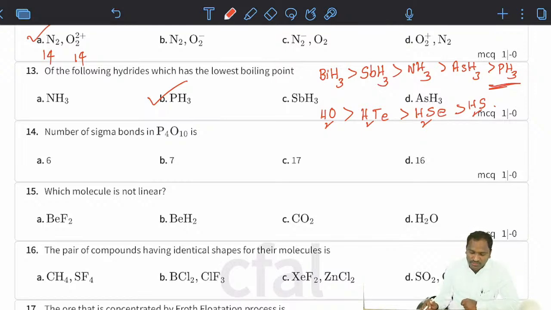Next, the number of sigma bonds in P4O10. For this you have to draw the structure. The P4O10 structure is like this.